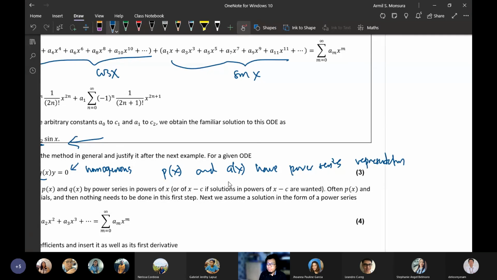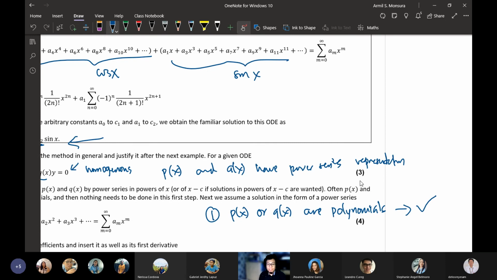Okay? If both of them have power series representation. Number 1. If P of X or Q of X are polynomials, then you're good to go, because polynomials are themselves power series.